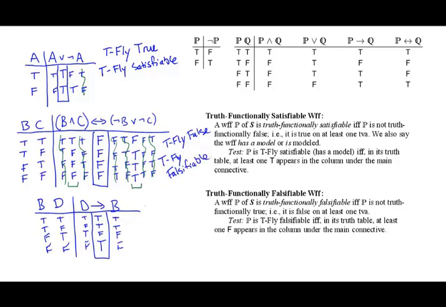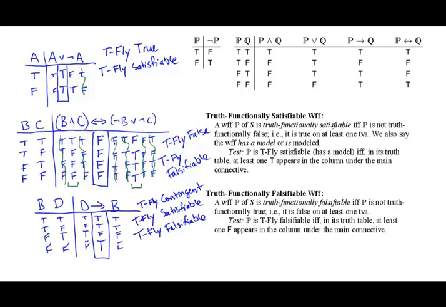While the third is truth functionally contingent and truth functionally satisfiable and truth functionally falsifiable.